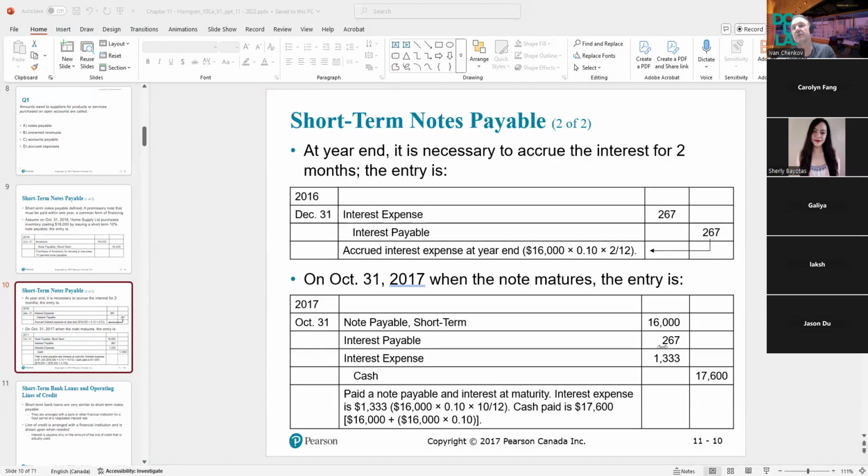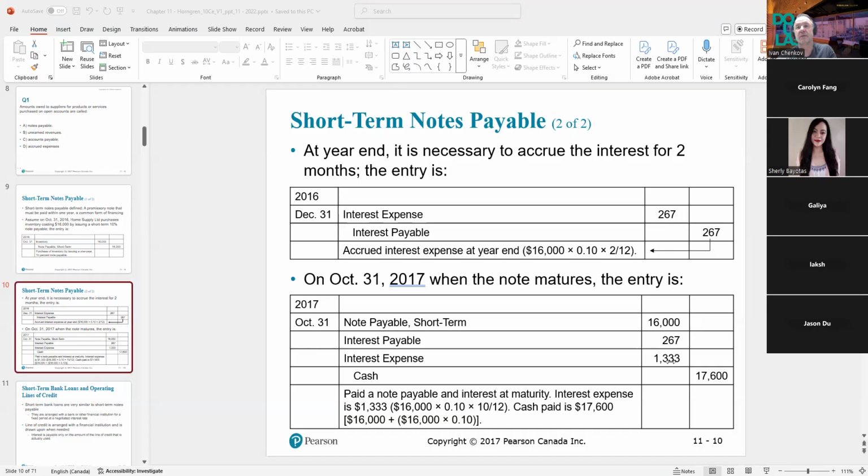We already showed interest expense of $267, and that $267 is sitting in interest payable. So the first thing that we're going to do is close that payable for $267 for the 2 months. And then we're going to show the remaining interest for the next 10 months.